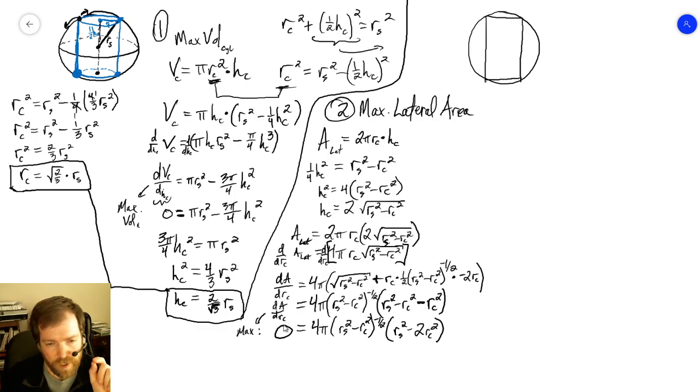We need to make the change in the area 0. So we got a function that's going to go like this. Our area function is going to go like this, and we reach a maximum when its slope is equal to 0.